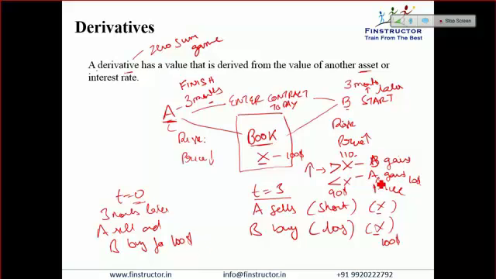So whether this contract will have a positive value or whether the contract will have a negative value to any counterparty A or B depends on the value of the book or the price of the book.